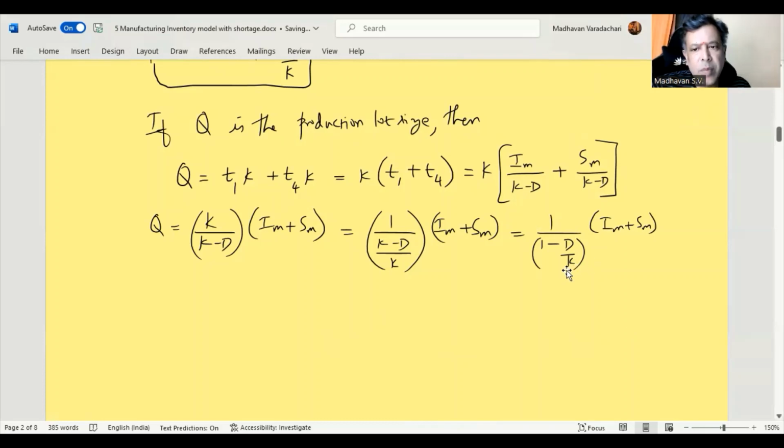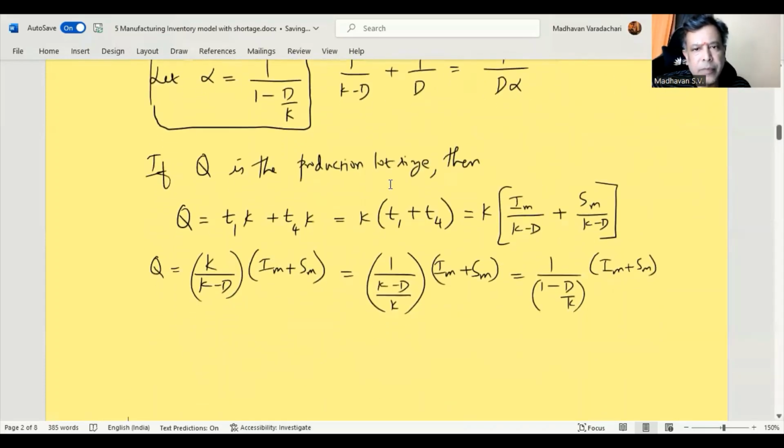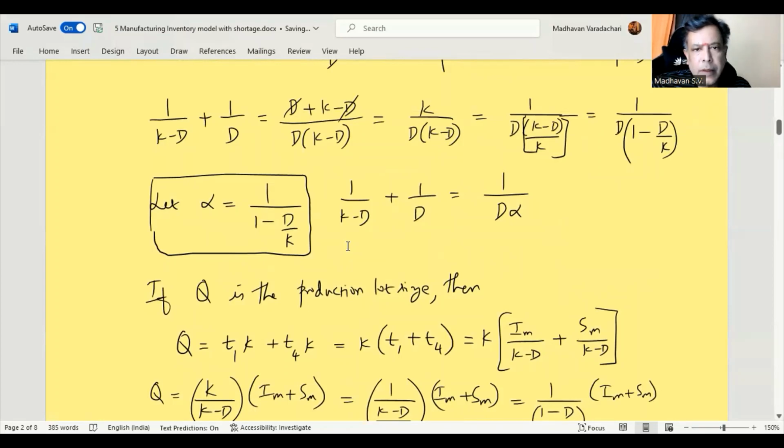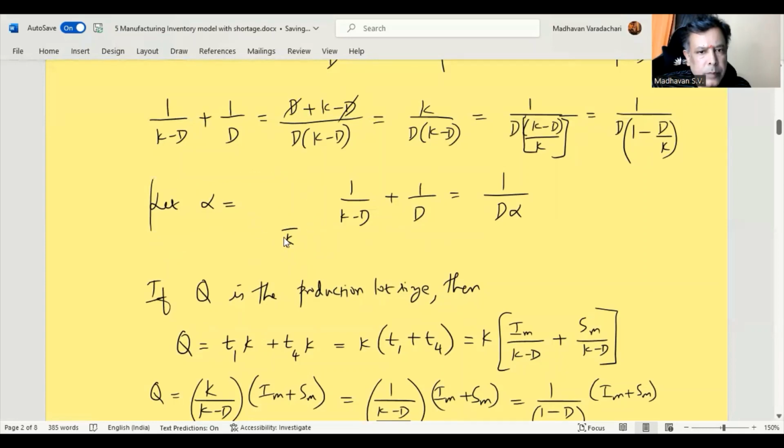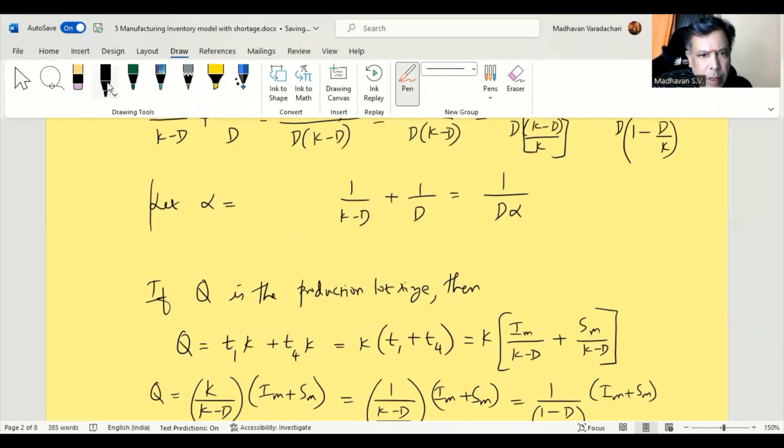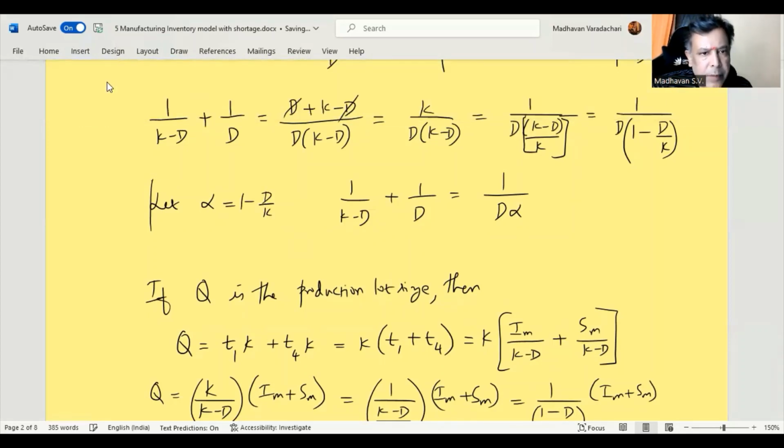Already we assumed this 1 minus D by K as alpha. Oh, I'm sorry. I should have written here simply 1 minus D by K, not 1 by 1 minus D by K, because we considered this one as the denominator.